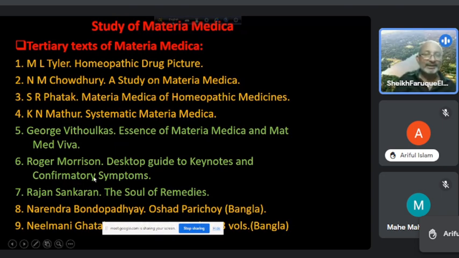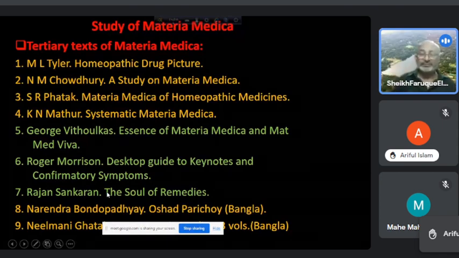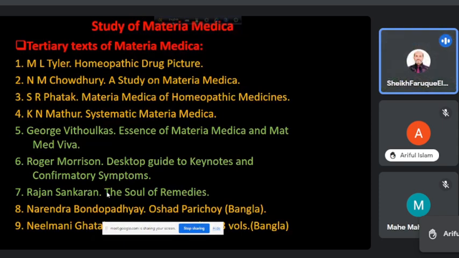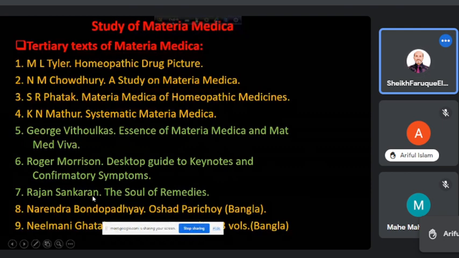But what I say, Dr. Rajan Shankaran, though he's a genius homeopath, deviated a little bit from the path of Hahnemann. He developed another system. He goes with Hahnemann say 10 steps, but the last two steps, he deviates to his own revelation. But that's okay. This is called the sensation method.